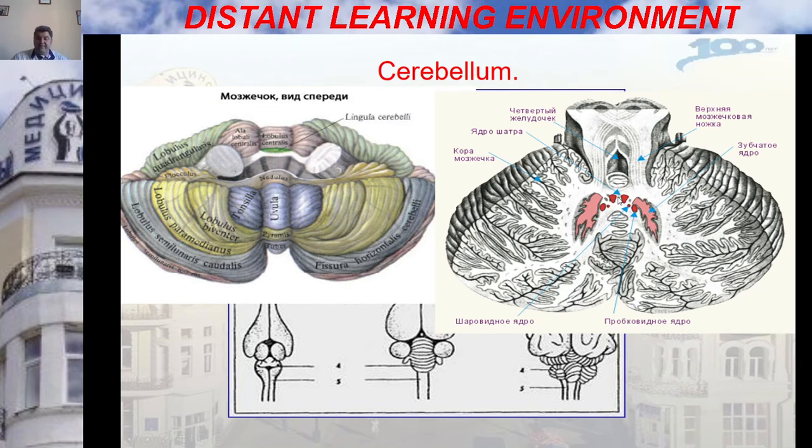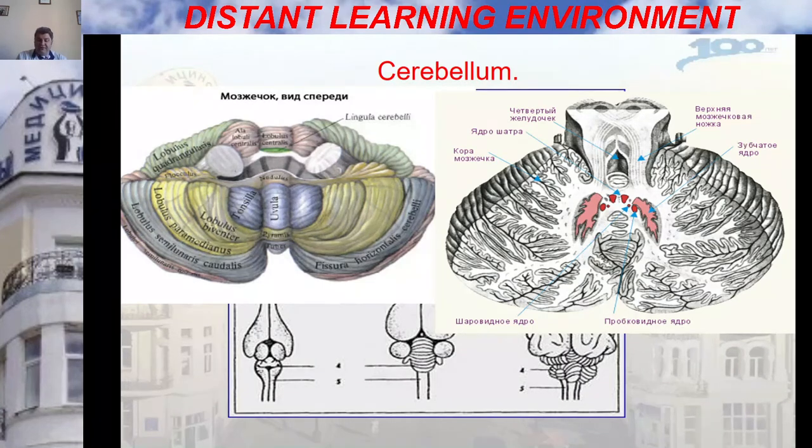The nuclei emboliformis and globosus here are constituents of the paleocerebellum, which originated in association with the movements of the body. The nucleus dentatus here is related to the youngest part of the cerebellum, the neocerebellum, which developed in association with the movements of the limbs.